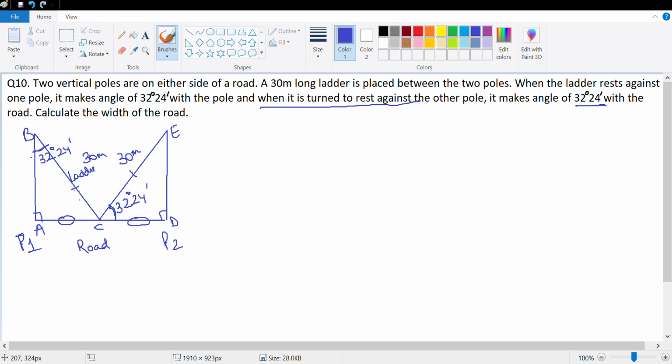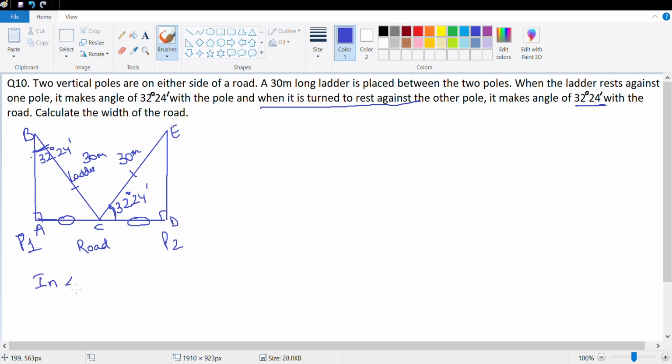So this time the hypotenuse is given, which means either I can use sine or I can use cos. So let's look at triangle ABC, what should I use? If I am looking at triangle ABC, if this is my reference angle, this is the opposite, which means I will use sine.